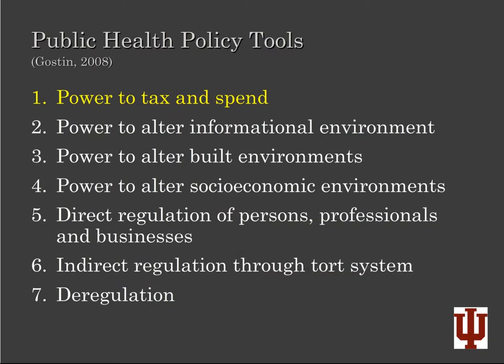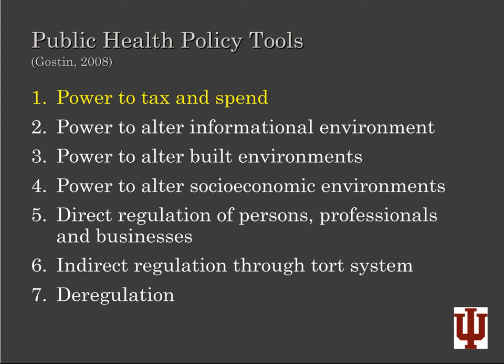The first is our power to tax and spend. Now, our governments, federal, state, and local, we're talking about the United States here, have tax and spending powers with differing allocations and expression. Federal governments may pass a tax increase, whereas local county governments must pass a tax increase through public vote or ballot. Tax here would be understood as an incentive and a disincentive.